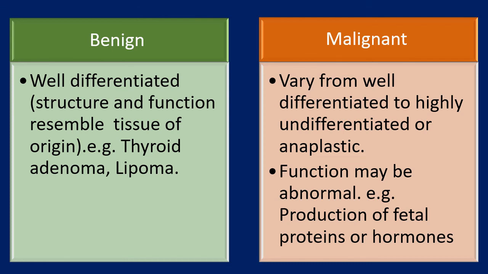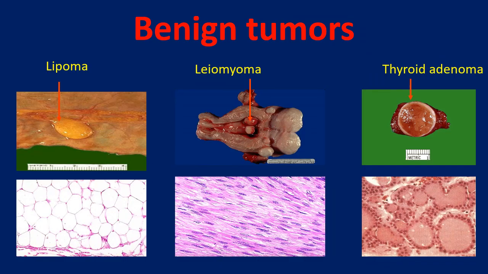So the malignant tumors have a range of differentiation, either well, moderate, poor, or undifferentiated. And the function of malignant cells is abnormal function. Here in this photo, we show lipoma.